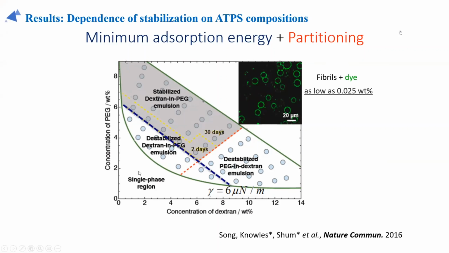So if we gradually move from this 0 interfacial tension area to this blue dotted line, the surface tension was measured to be about 6 micronewton per meter. And so what this suggests is that we can only stabilize the emulsions at higher surface tension. This is not surprising because the interfacial tension multiplied by the total amount of interfaces gives you the energy of the system.